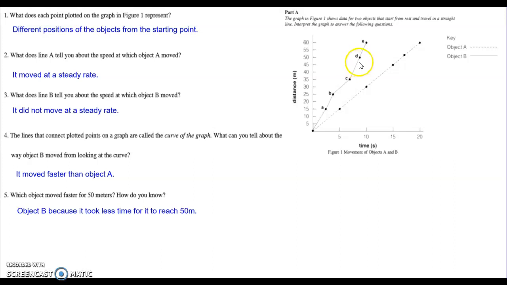For the 50 meters, we see that object B moved faster because it took less time for object B to reach 50 meters. We see that right here. It took about 8 seconds, whereas for object A to reach 50 meters, it took about 18 seconds.